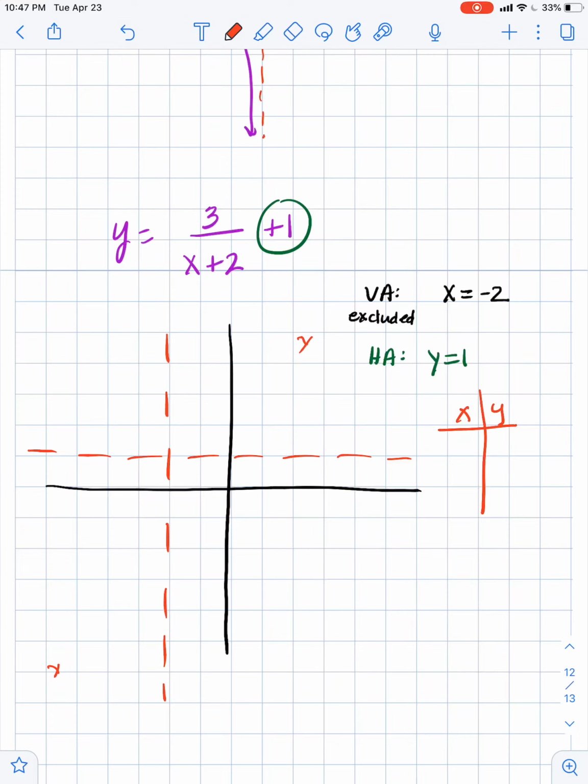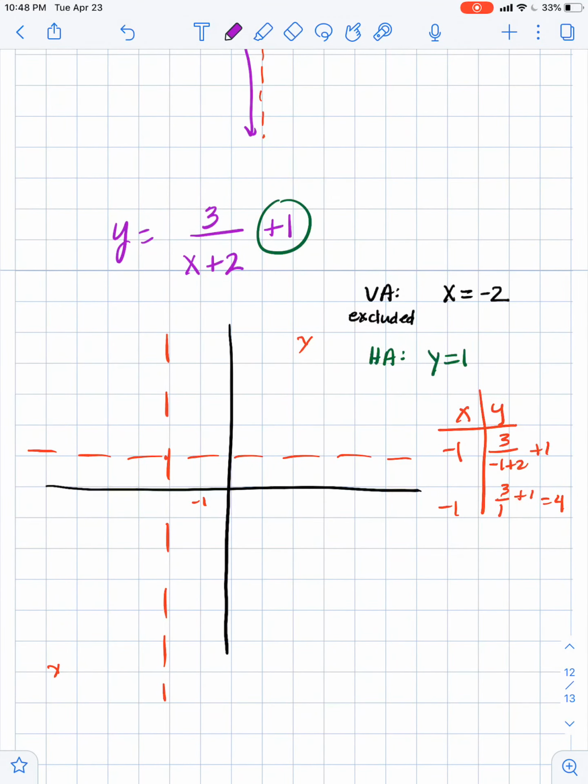And I'm going to put in the number that is just right to the right of this point here. So in this case, a -1. I'm just going to put a -1 in. So that would be 3 over -1 plus 2, plus 1. So that would be 3 over 1, which is 3, plus 1, so that's 4. So I'm at -1, 4. So plot that point.